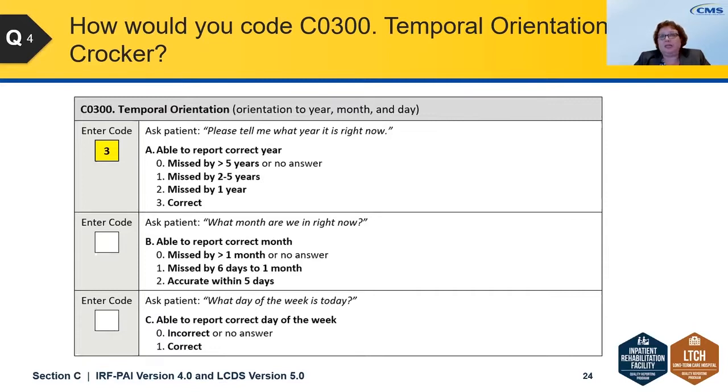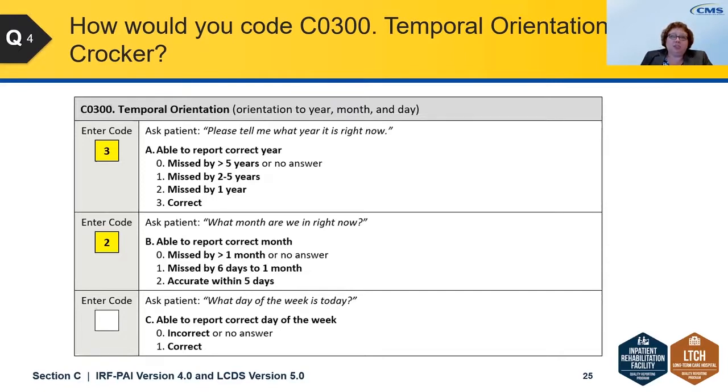And again, the polling has come up, so take a few seconds to consider your answer and check the circle. Okay, let's see how we did. Some of you thought it was 1, missed by 6 days to 1 month, and then some of you thought it was accurate within 5 days. Well, the correct answer is indeed 2, accurate within 5 days.